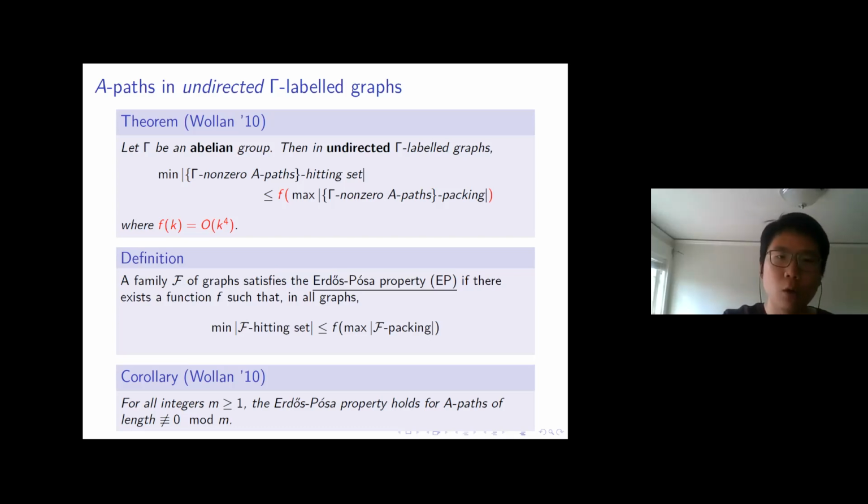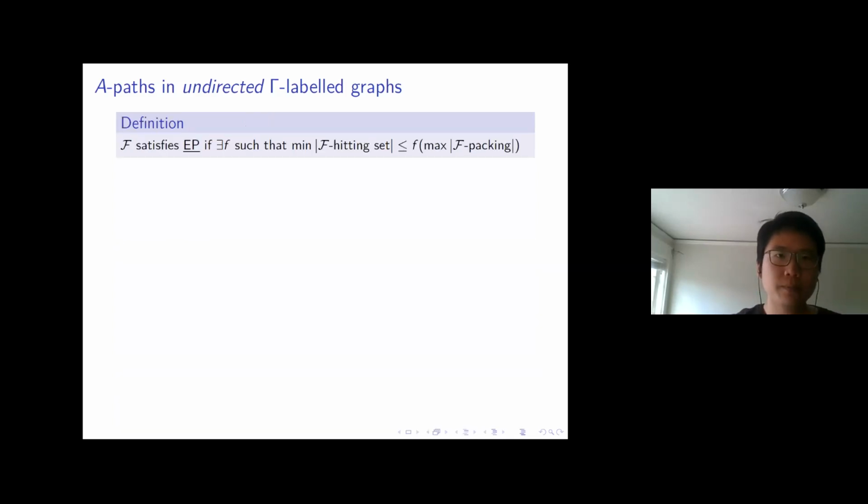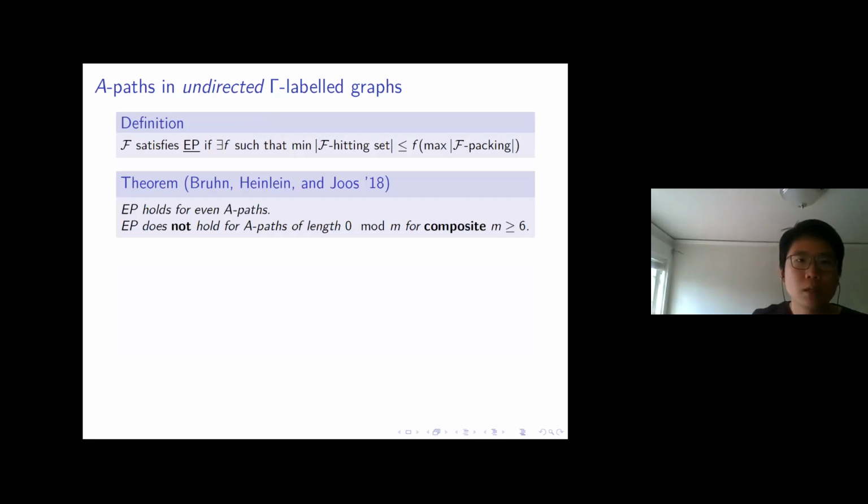Okay, so what more is known about A-paths with more modularity constraints? So I just copied down the definition. Brun, Heinlein, and Yost showed recently, in 2018, that the Erdős–Pósa property also holds for even A-paths. You should note that for odd A-paths, this is a corollary of the result for non-zero A-paths as well, in either model.